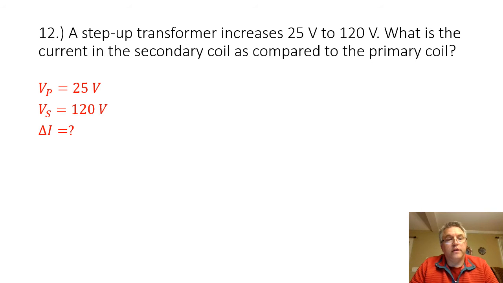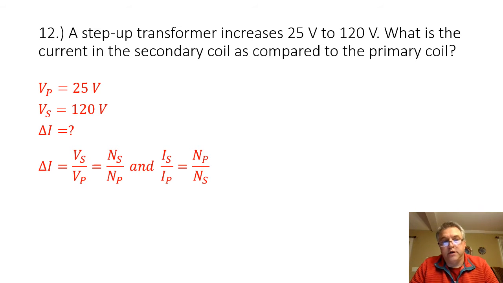I know that the change in the current is going to be equal to my ratio of the input voltage and the secondary voltage. And I know that Vs over Vp equals Ns over Np. And I also know the relationship between my input and output current and the number of coils. So I know that Is over Ip equals Np over Ns.